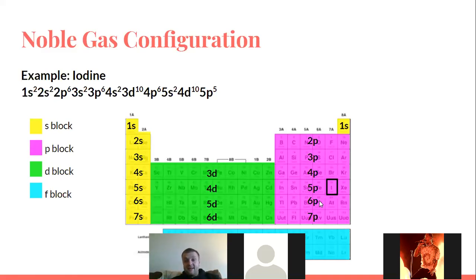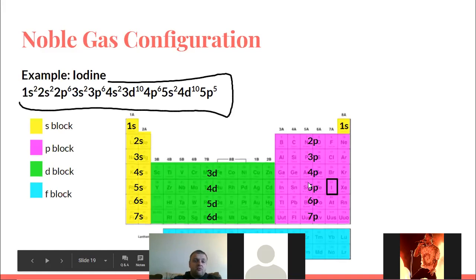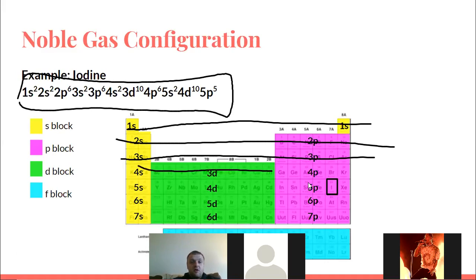Iodine has over 50 electrons. So the stuff that we did yesterday, this is how you would write it. You'd go 1S2, 2S2, 2P6, 3S2, you keep going and you keep going and you keep going, and then you finally hit iodine. Well, there is a shortcut.